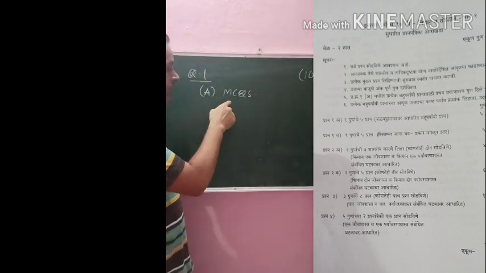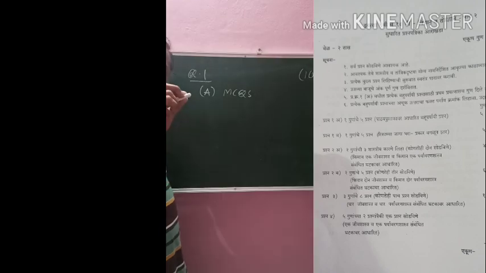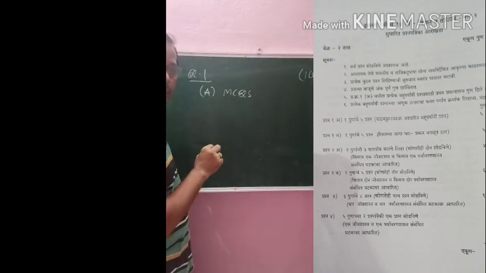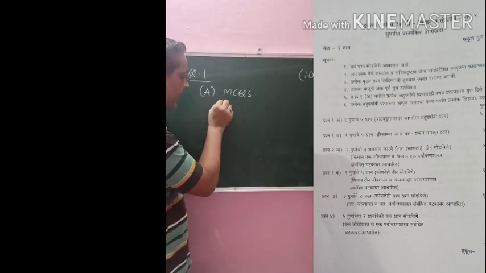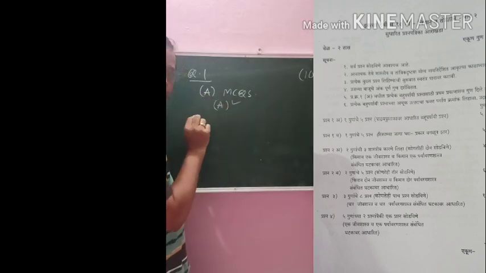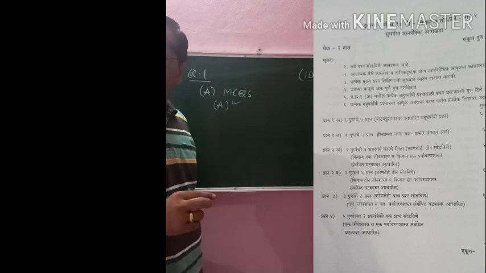For solving this question we have to write the option letter also. That means suppose option A is correct, then we have to write A. Then the marks can be given.